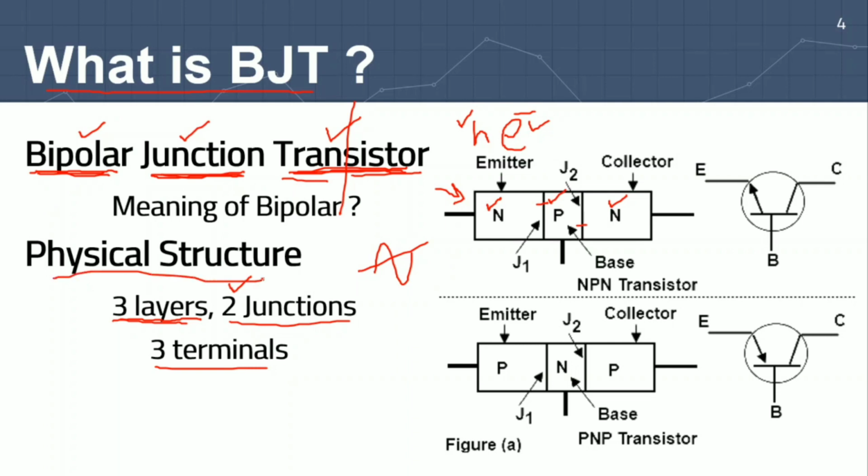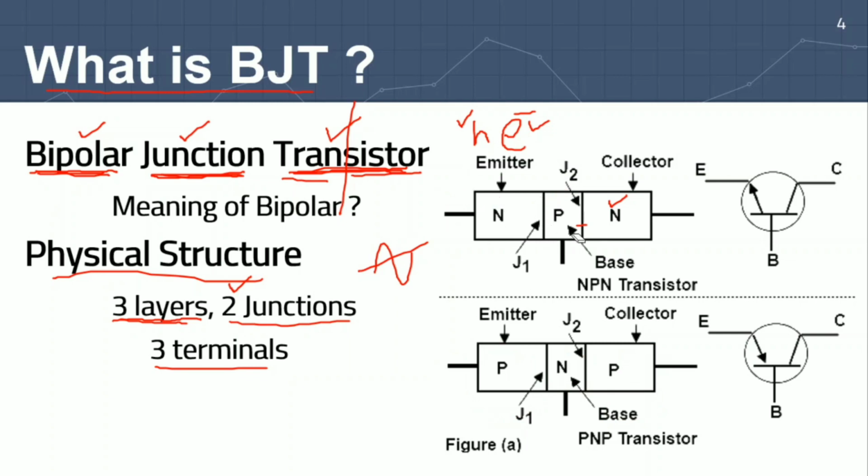Next, coming to the physical structure. In the physical structure, you can just assume it is a 3-layered device. So here you can see 3 layers, one beside the other. For all the 3 layers, you have 3 different names.